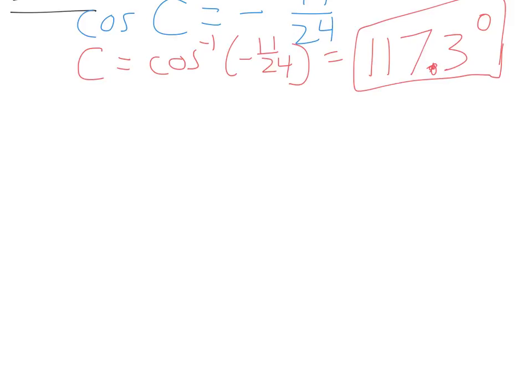So from here, since we have one angle, we could technically set up the law of sines if we wanted to, or we could keep doing law of cosines to find one of the other angles. Let's use the law of cosines to find one of the other two angles. Let's find angle A.